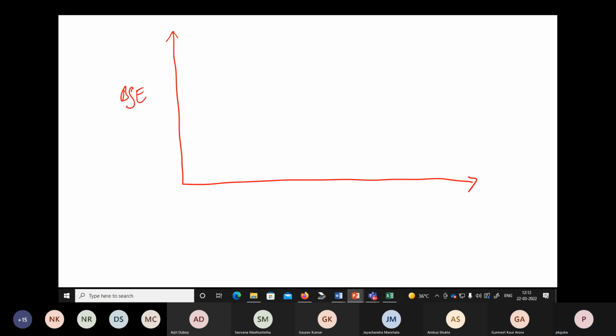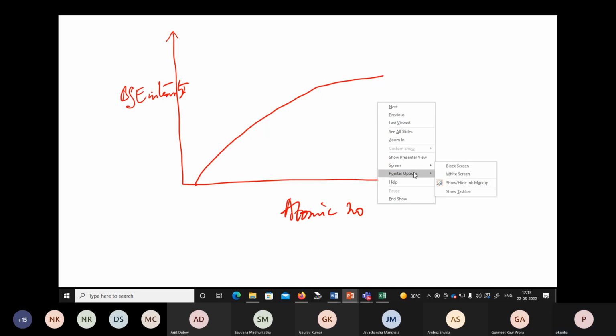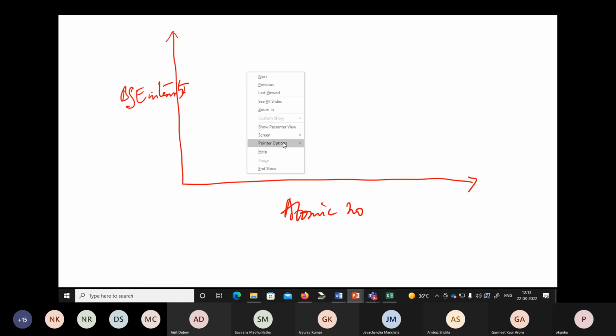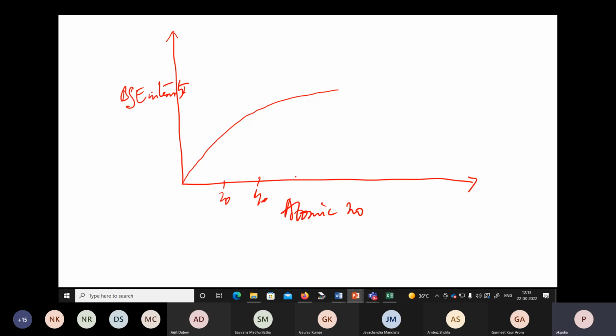In case of backscattered electrons, we can plot BSE intensity versus atomic number, say 20, 40, 60 and so on.